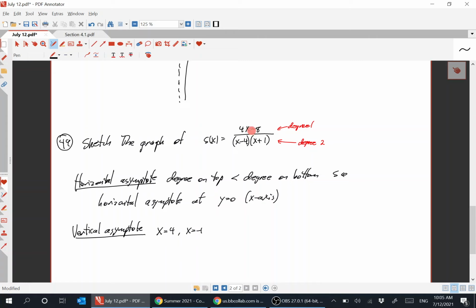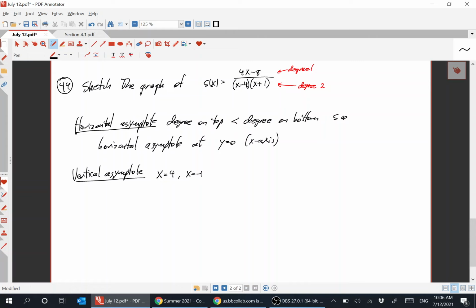X equal to negative 1, you get negative 12, which is not 0. It has to not be 0 on the top, as well as 0 on the bottom to have that vertical asymptote. When it's 0 both on the top and the bottom, well, there's other considerations. You still might have a vertical asymptote, but you might not as well. I don't think it's necessary to discuss that. You'll actually talk about that in Calculus 1, when you get there, like what graphs like that look like.